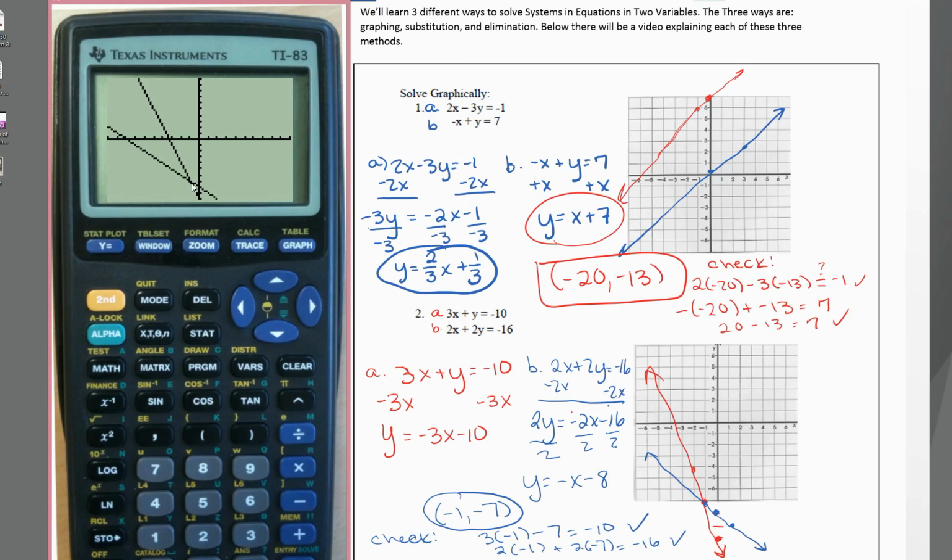Okay, there we see our intersection. So we hit second, the trace button, because it says calc above it. We want the intersection point, so we go down to 5. And here you're just going to hit enter 3 times very carefully. And we see that it gives us negative 1, negative 7. So this is how we solve systems of equations graphically.